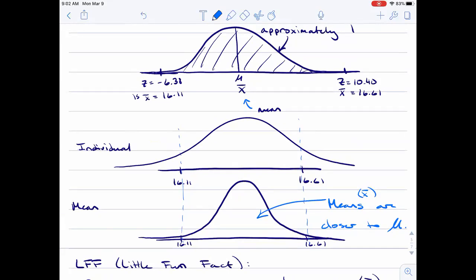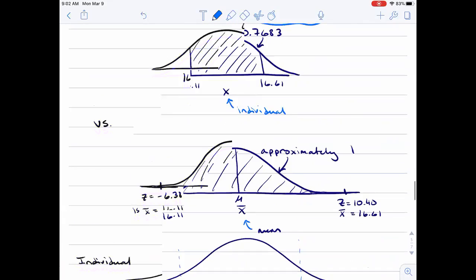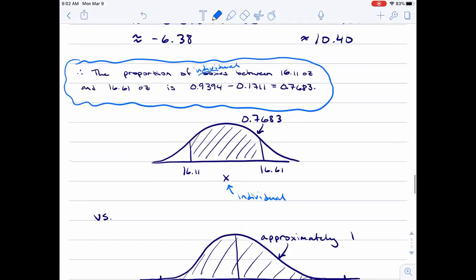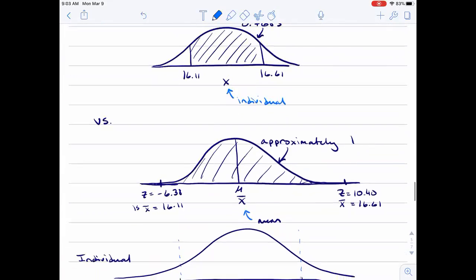And so it's not necessarily always going to be 1. It could be, you know, 0.9987, something like that. But it's always going to be a larger area than for individual observations.